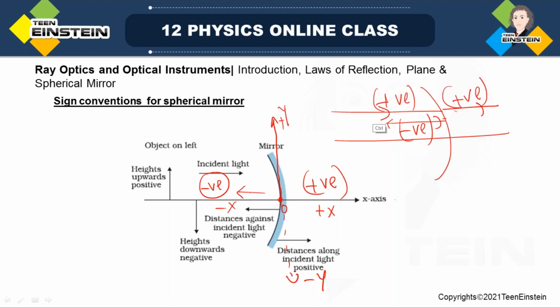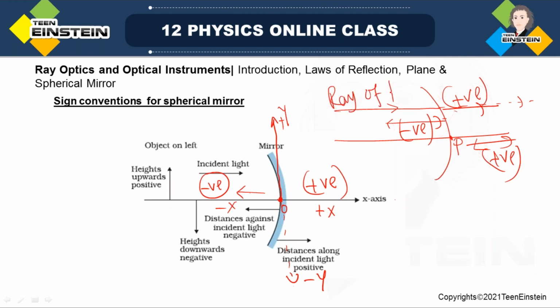Here the distances will be positive because you have to measure the distances from the pole. So the light ray, suppose it is going like this, has direction of propagation from left to right. Whatever distance you measure from P, from here to here, will be positive, and whatever distances you measure in the opposite side, opposite to the propagation of light, will be negative.